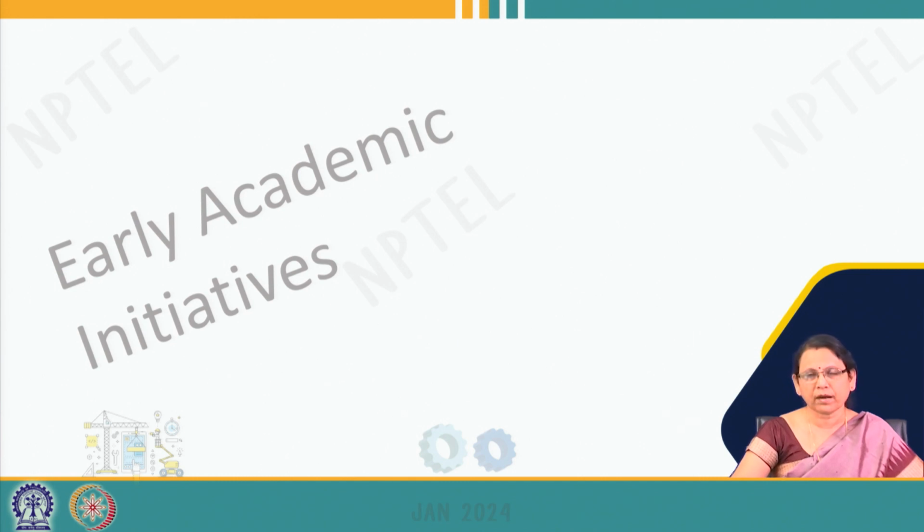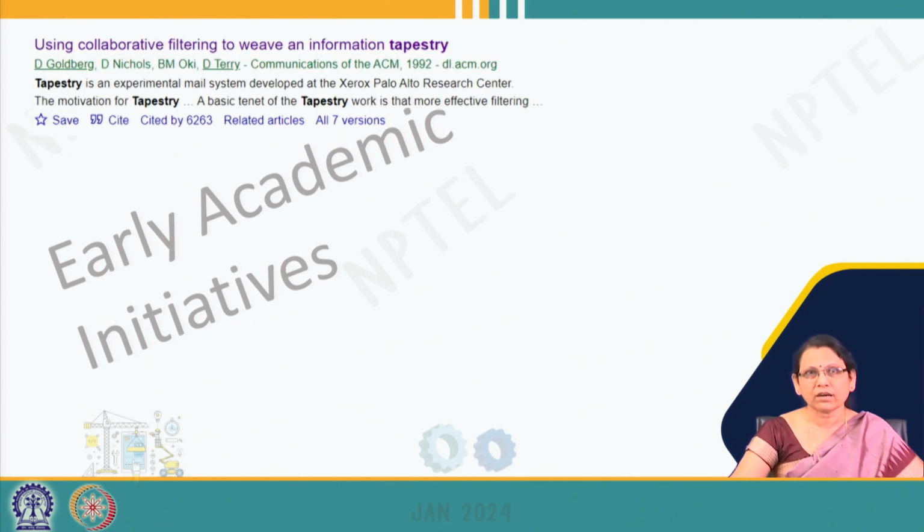Behind any kind of application that is successful today, there is always some kind of academic initiative. As I told you, around 1990, the internet became commercialized. Around that time, people looked at the prospects of how e-commerce sites can interact with the user even when the actual salesperson is not present.